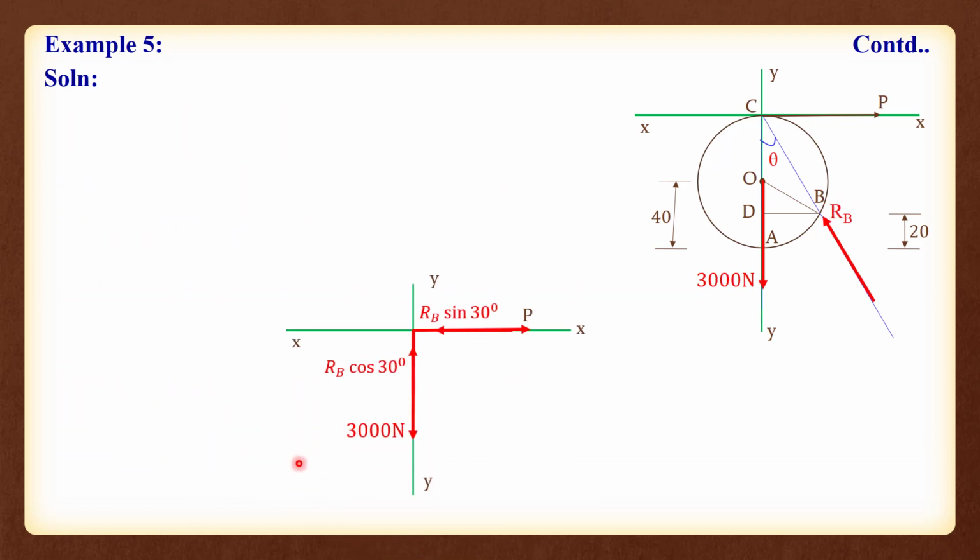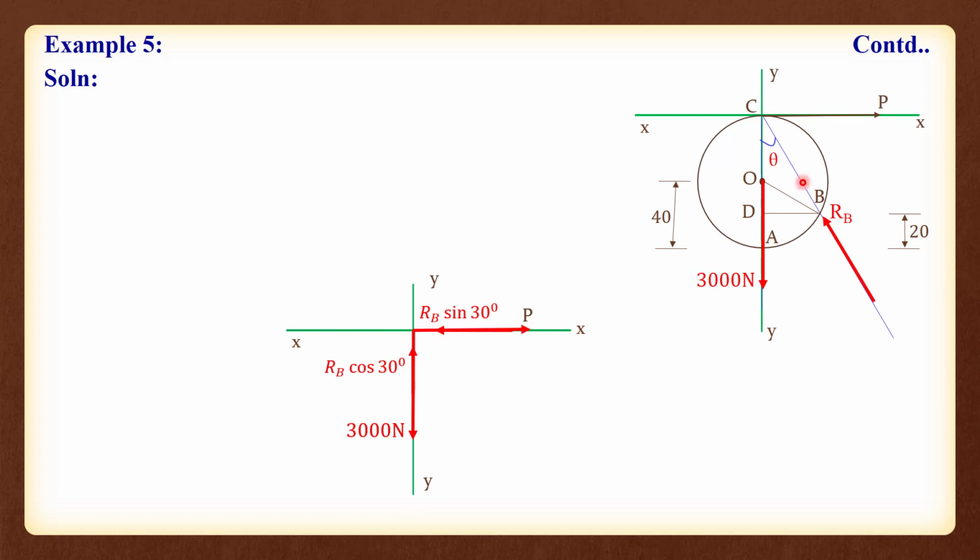Now we will resolve all the forces. We know the angle theta. Now we are going to resolve this inclined force into two components. So I have drawn two axes, x and y axis here, and I will be marking only the horizontal and vertical forces in order to make the calculation simple. Okay, so 3000 Newton will be acting vertically downwards along the y axis. P, which is a horizontal force, is acting along the x axis.